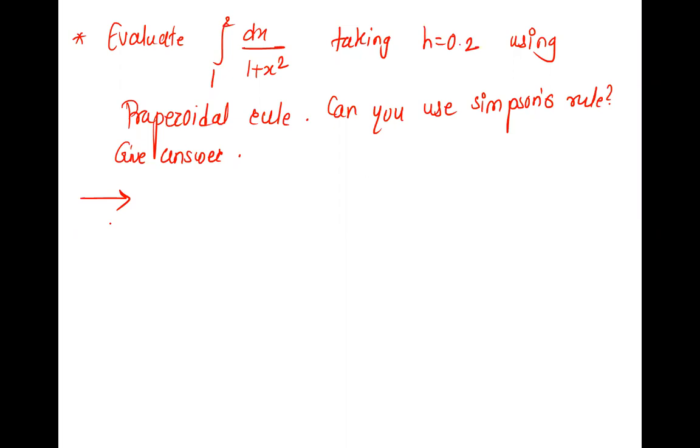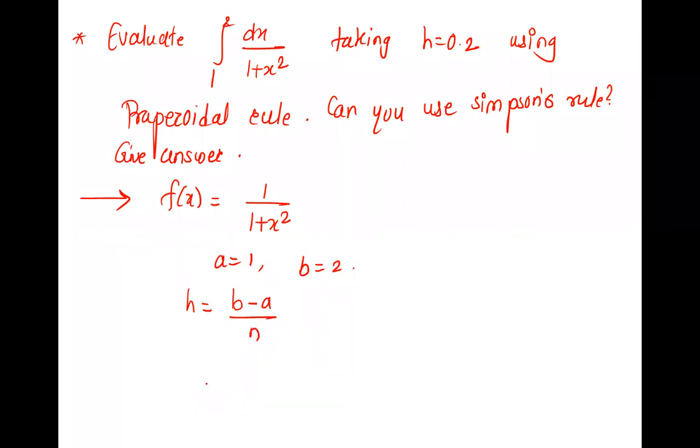Okay, so here f of x is, what is f of x? 1 upon 1 plus x square. Correct. a is 1, b is 2, and we have the formula h is b minus a upon n. But we have h, so we can go for n. So n will go here, h will come there. So n is b minus a upon h.